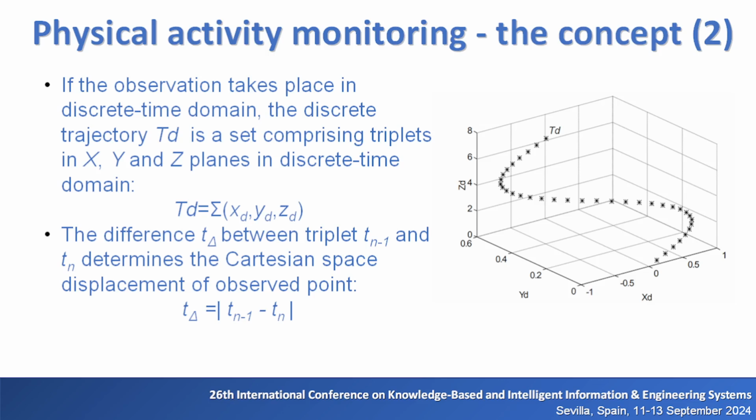If the observation takes place in discrete time domain, the discrete trajectory TD is a set comprising triplets x, y, and z in discrete time domain, and the difference T delta between triplet Tn-1 and Tn determines Cartesian space displacement of the observed point.